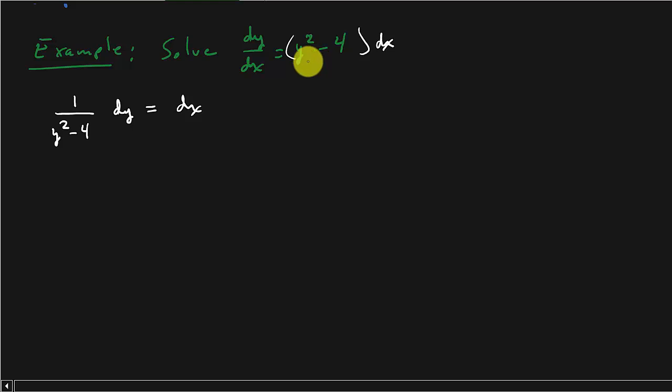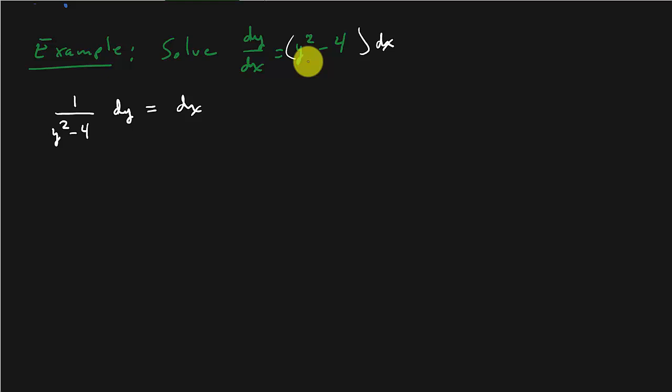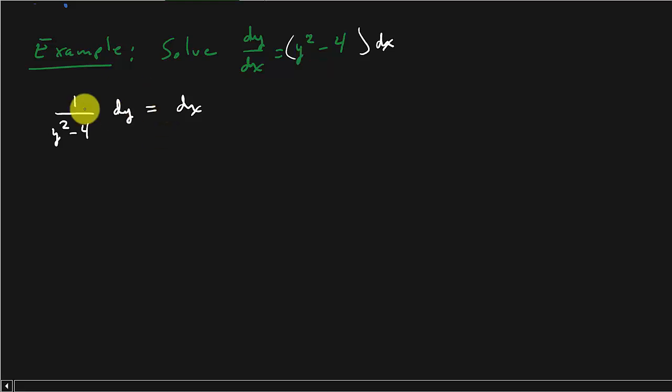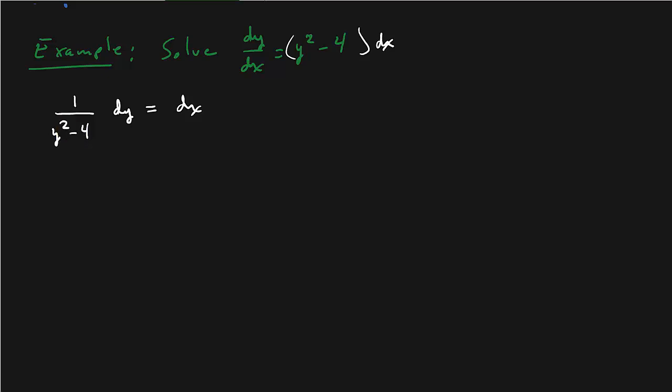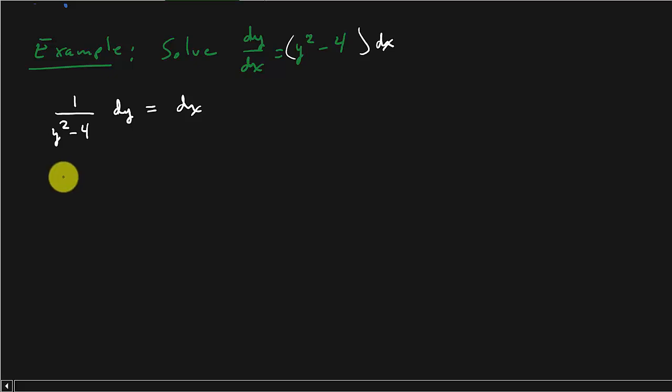Well, now we've got to integrate both sides. Now, if you look at this, how am I going to integrate that right there? I'm going to do this real quick and erase it after, but you should already know how to do this. We've got 1 over y minus 2 times y plus 2.